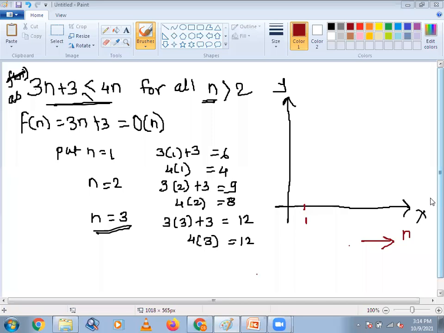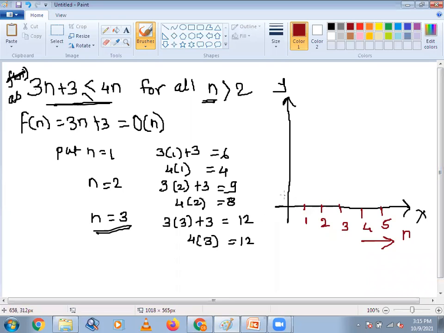Okay, so suppose we want to draw a graph regarding this example. Then on the x-axis here: 1, then 2, then 3, 4, 5, and so on.